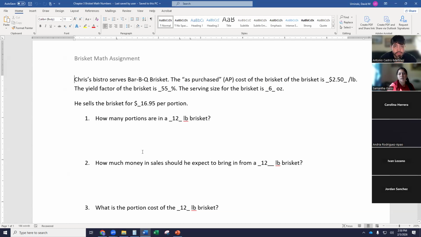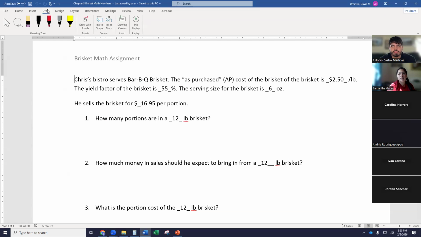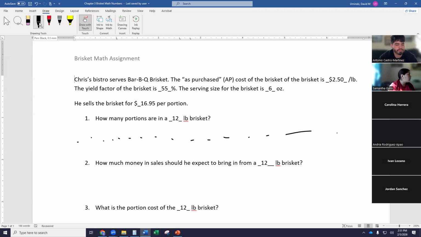Now, the reason why I did that is because if you want to, you can draw an imaginary line and basically cut your section into half, okay? You don't have to draw a line if you don't want to, but above this line, I'm going to give you the formulas. Everything written out, okay? No numbers from the problem, pretty much all words, okay? And then right below it, we're going to work it out so you can see where the numbers come from.